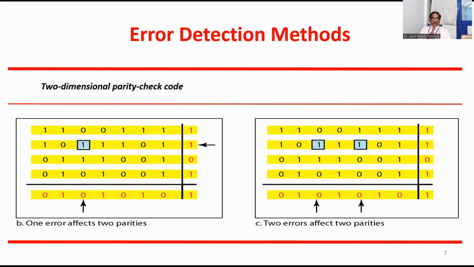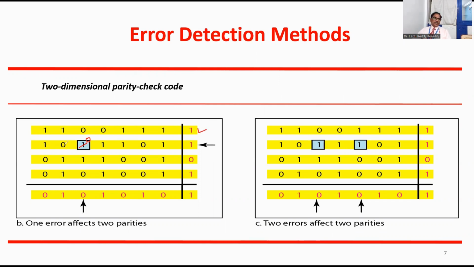Now let us see if there is one error. Suppose now instead of this 1, we have received a 0. Now let us see whether we are able to detect this or not. If you see the first row, an even number of ones, so the first row has no errors.